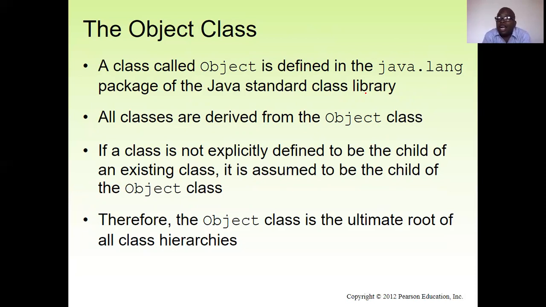Now, all classes are actually derived from the Object class, which is basically at the top of the class hierarchy. Just think about it this way: no matter what class hierarchy you have, at the very top of it there is a class called Object.